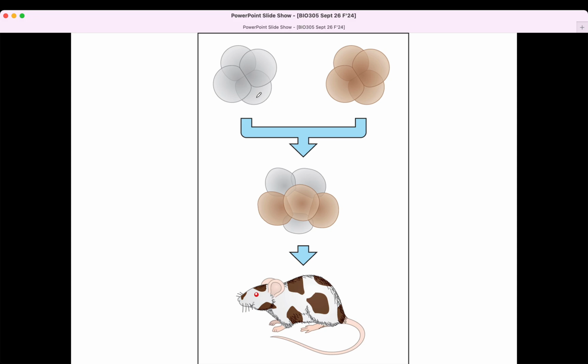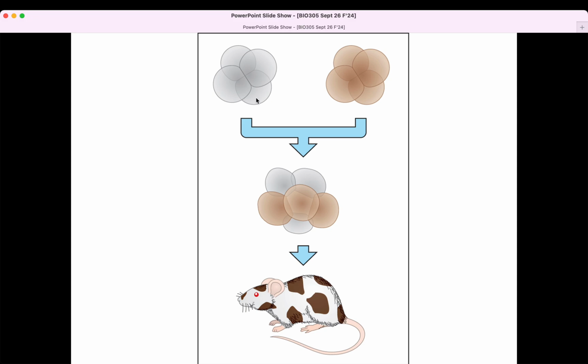They take these early pre-implantation embryos from 2 really different mice, and they just squish them together to make one ball, and that will develop into 1 embryo. So in the same way you could take one embryo and split it to make identical twins, you could take 2 different embryos and join them to make 1, and people call that a chimera.